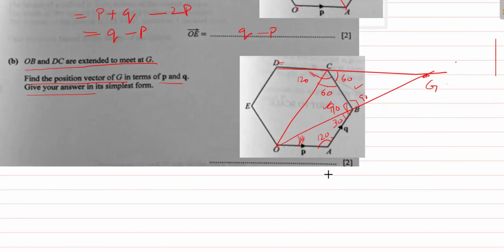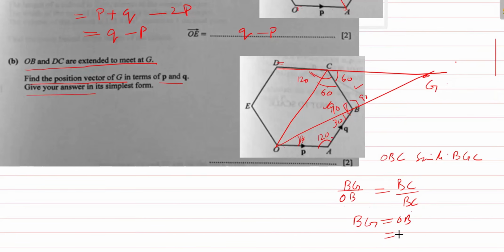And therefore, triangle OBC is similar to triangle BGC. And therefore, BG over OB equals BC over BC. And therefore, BG will be equal to OB.